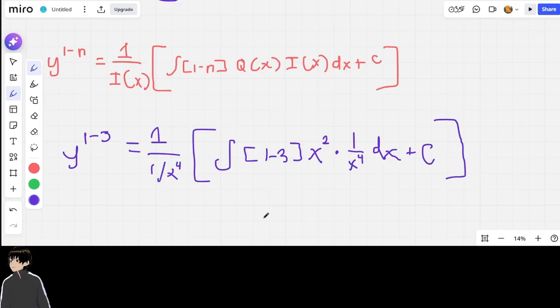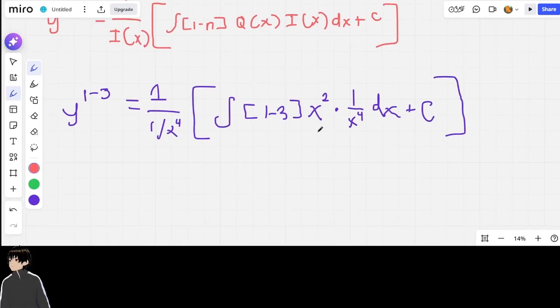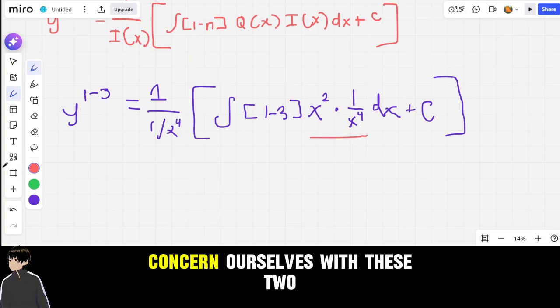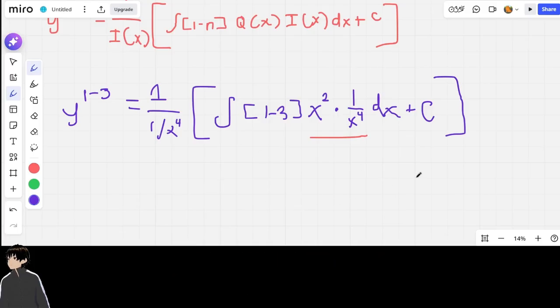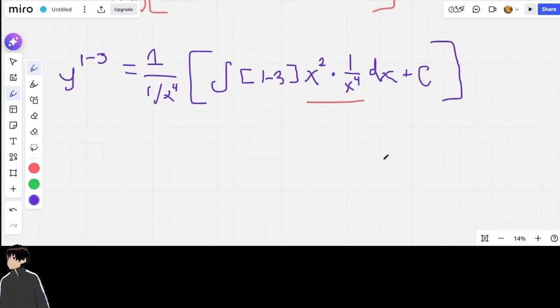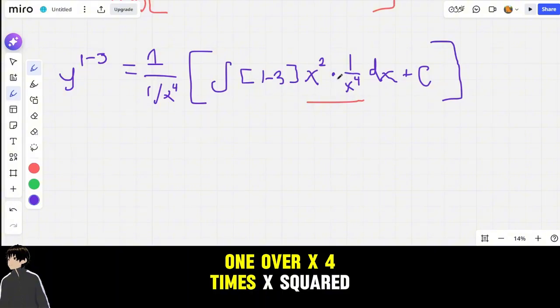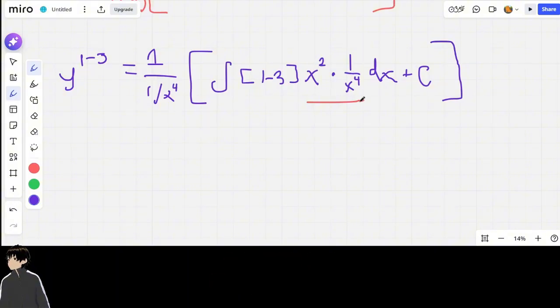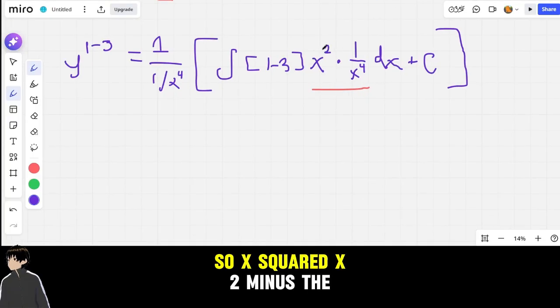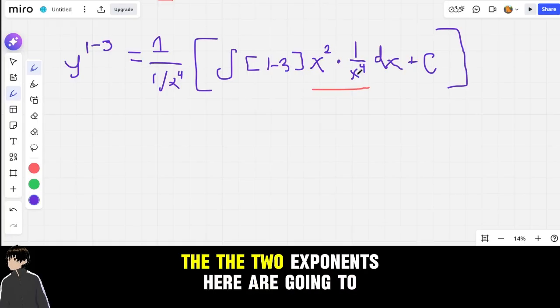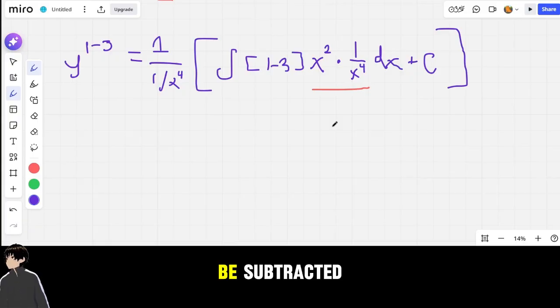Okay? So we first have to concern ourselves with these two. Let's just forget about everything else for now. 1 over x to the power 4 times x squared. So x squared, the 2 exponents here, they're going to be subtracted.